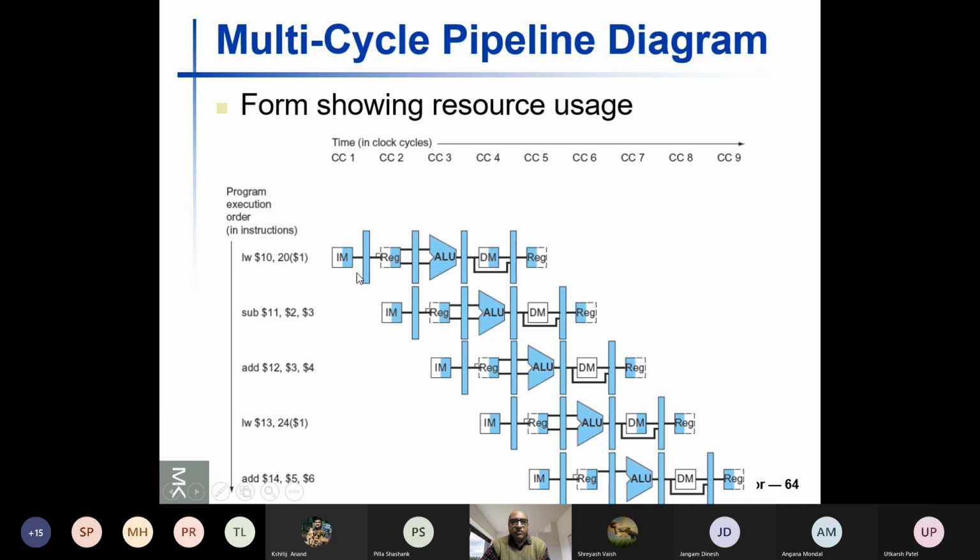Here, the stages are represented by rectangular boxes, because rectangular boxes mean a kind of storage. In this case it's an instruction memory, here this is a register file, then the data memory, and again write back is a register file. The ALU symbol is used because it requires 2 inputs and performs a certain operation.